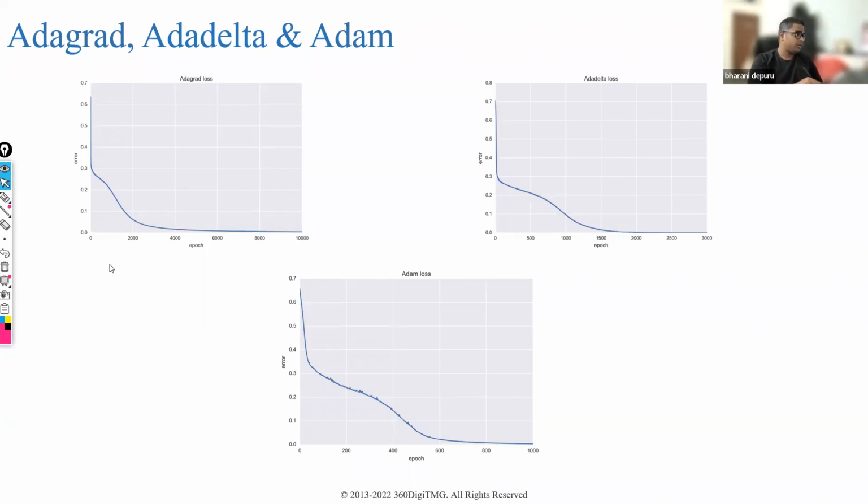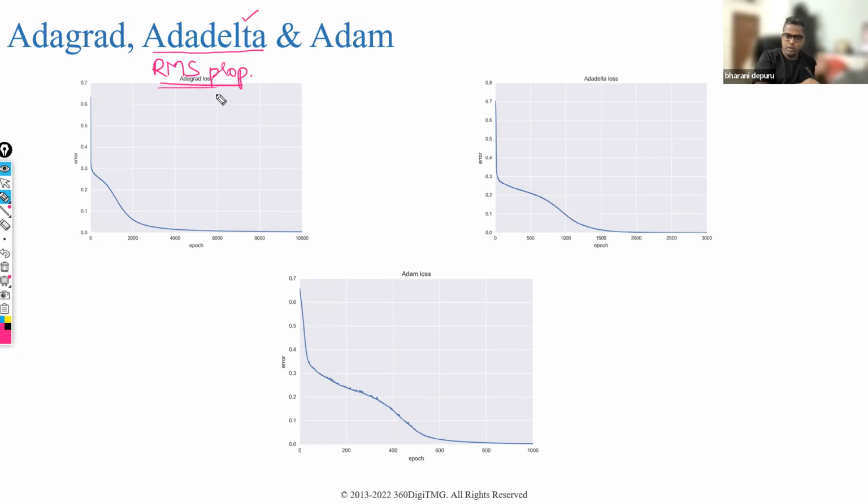To solve this, we can use something called ADA delta. And this ADA delta is very, very similar. This is nothing but adaptive once again. Adaptive delta means change. This ADA delta is very, very similar to something called RMS prop. So we will discuss one, the other will follow.